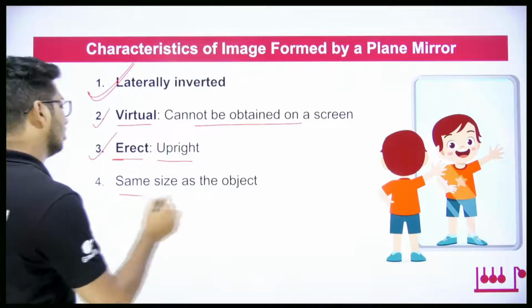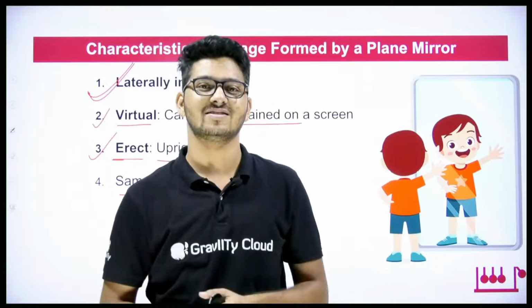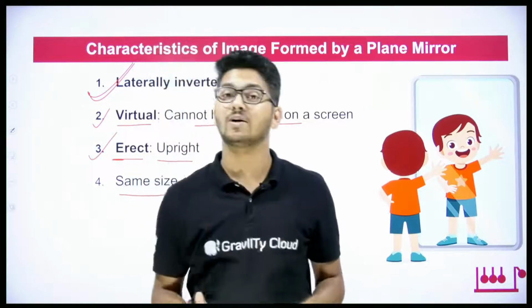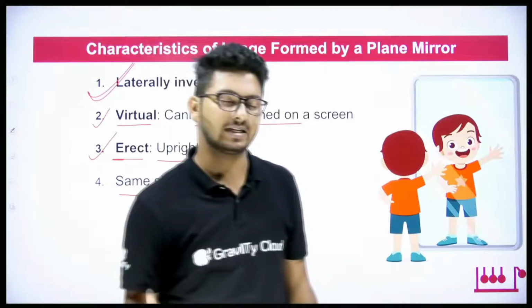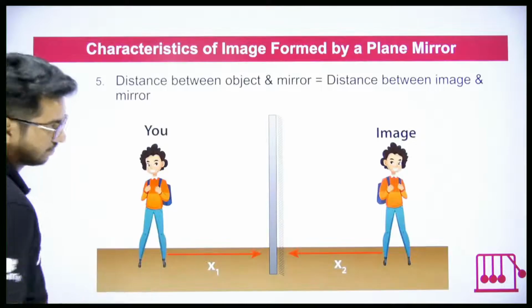And the size of the image is same as size of the object. In a plane mirror, what happens? The size of image is same as the size of object.